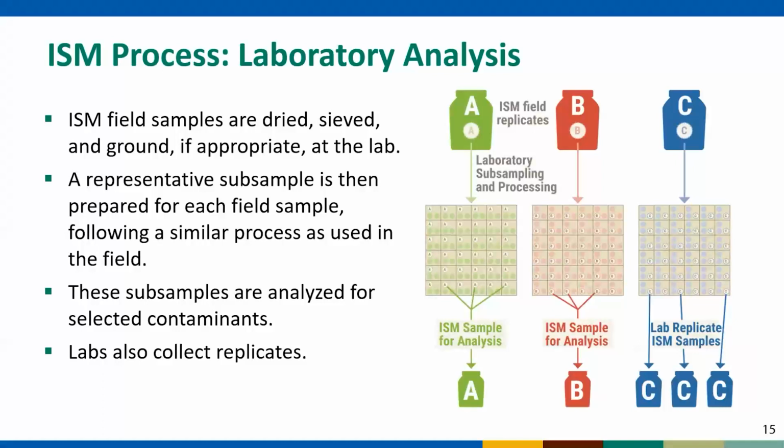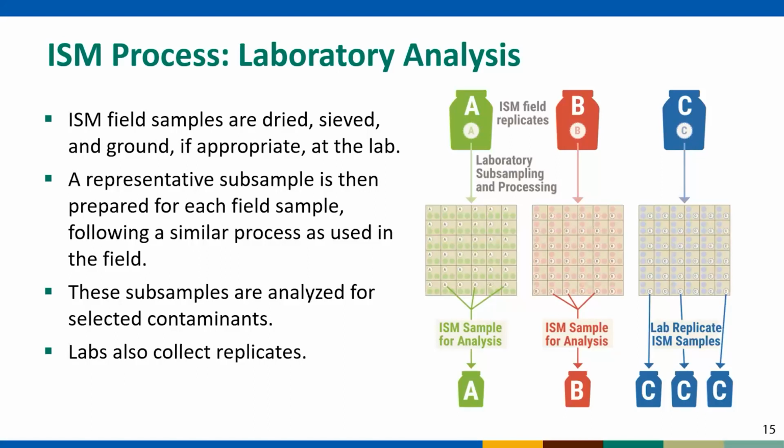Additional procedures to reduce sampling errors are required in the laboratory analysis phase of the ISM process. First, the lab dries, sieves, or grinds the samples as necessary according to the soil and contaminant types. Then the lab collects an aliquot from each ISM field sample and spreads that volume of soil out in a pan to subsample again, following the same procedures as in the field, but at a much smaller scale.